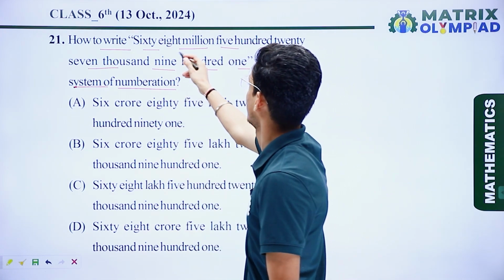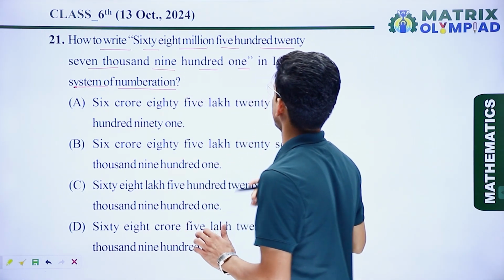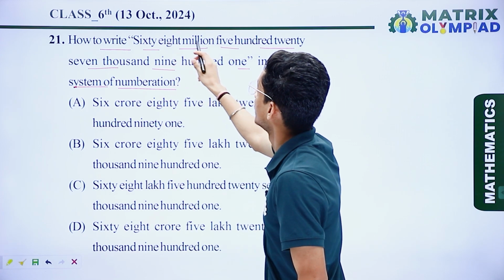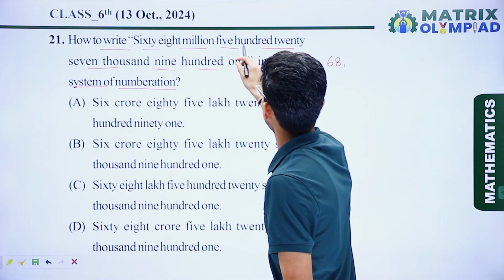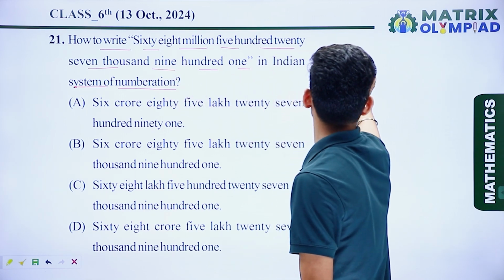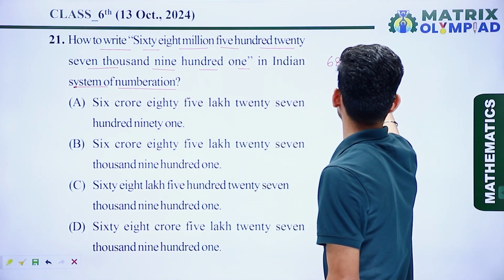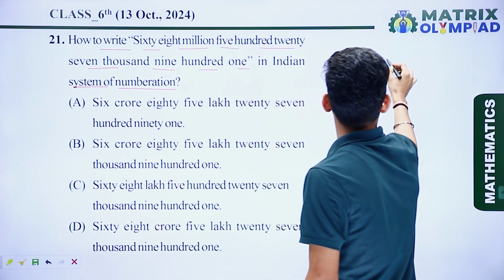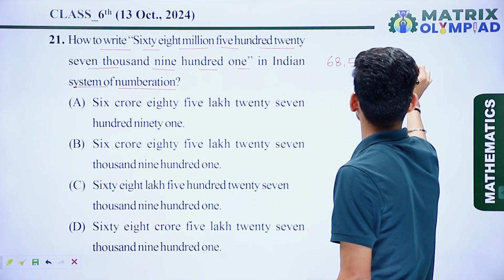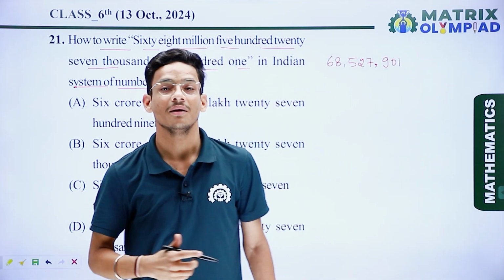Here it is given in the international system. First we write 68 million, comma, 527, comma, 901. So this is in the international system.